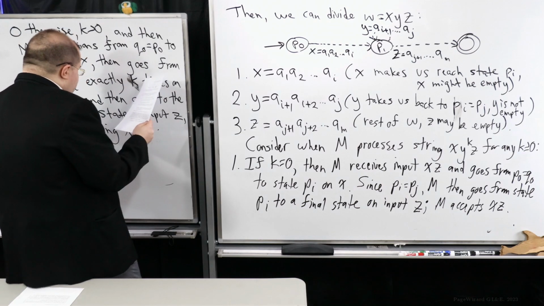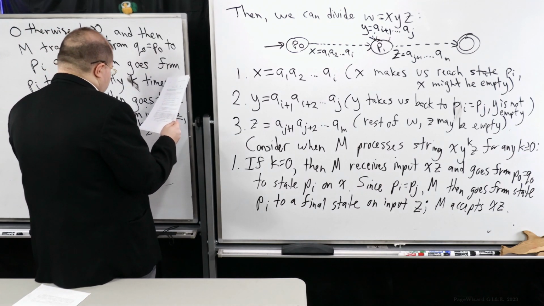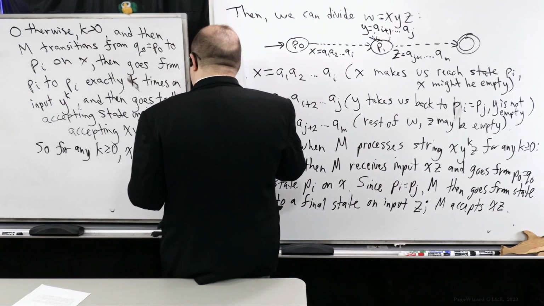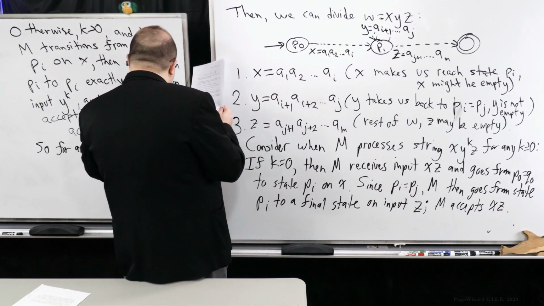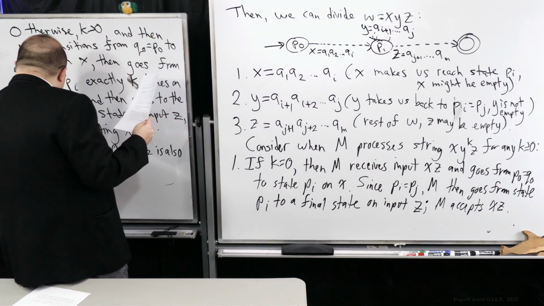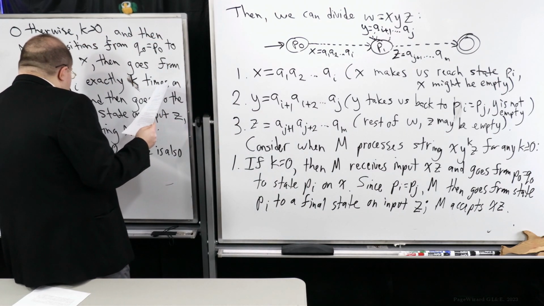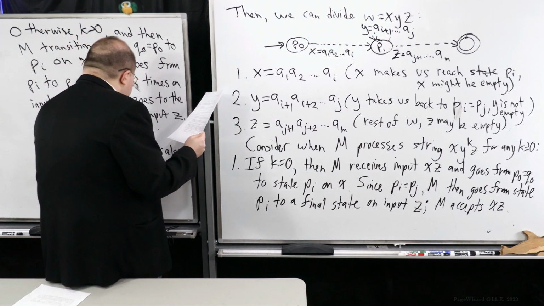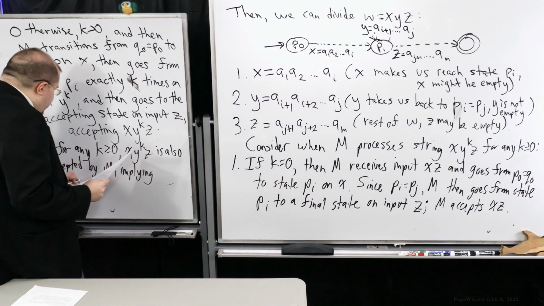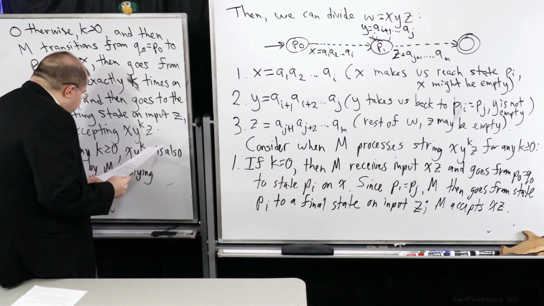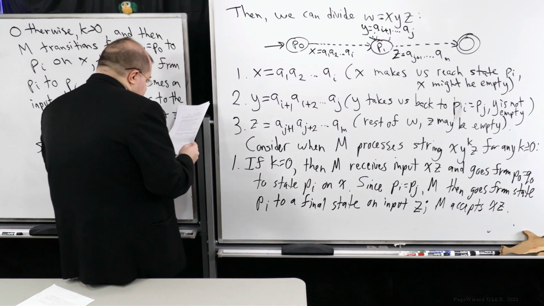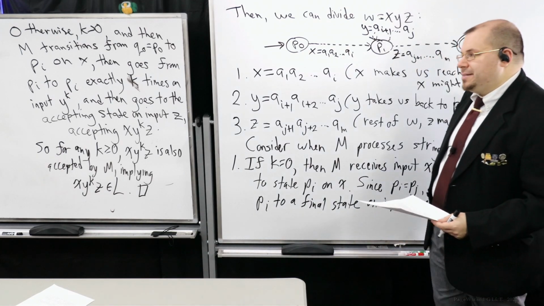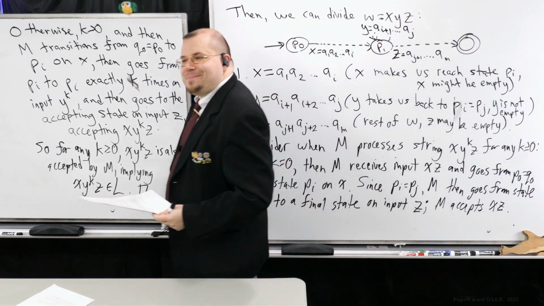So for any k greater or equal to 0, sorry, I'm getting really excited here, x y to the k z is also accepted by M, implying that x y to the k z is in the language L. And that completes the proof. So that concludes the proof for the pumping lemma.